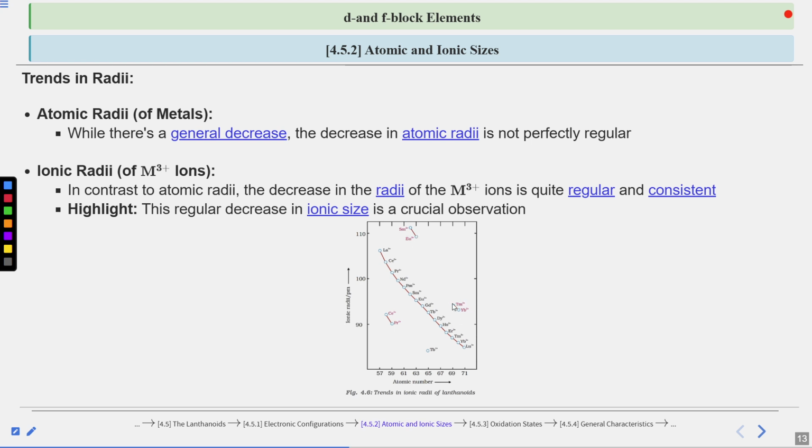Meanwhile, there are some other points which are mentioned here, like SM, that is samarium, and europium in the 2 positive state. Okay, so europium in the 2 positive will attain 4f7 configuration, and samarium is just the element before europium. So they can both exist in the +2 state also. So in the +2 state, how the ionic radii will change with the atomic number is shown by this.